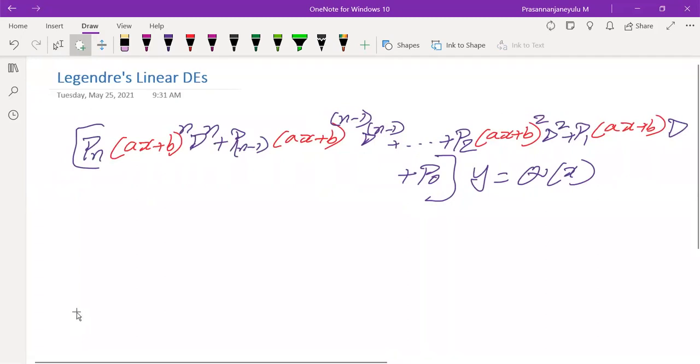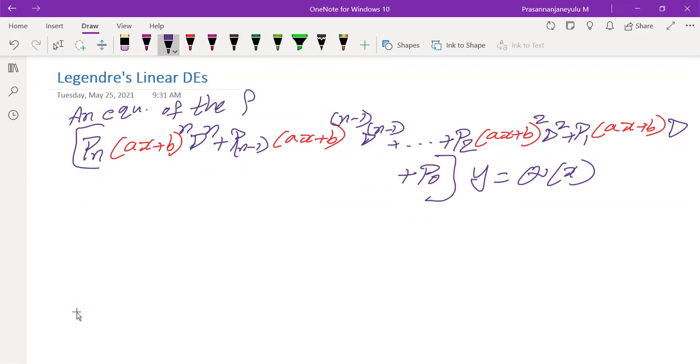So here I am explaining an equation of the form pn (ax+b)^n d^n, plus pn-1 (ax+b)^(n-1) d^(n-1), and so on, plus p2 (ax+b)^2 d^2 plus p1 into (ax+b) d plus p0 of y equals q of x.